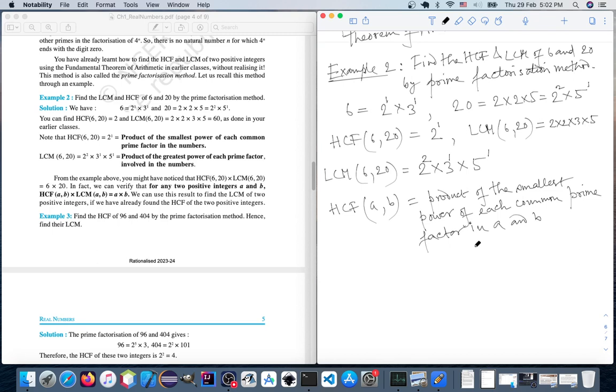Product of the smallest power of each common prime factor. So first we see what the common prime factors of A and B are.